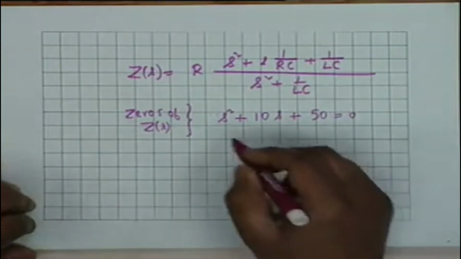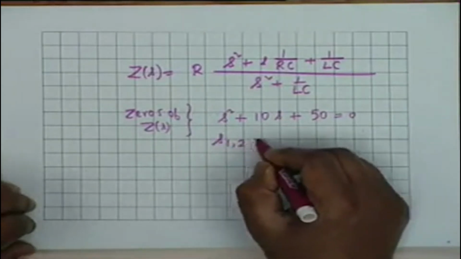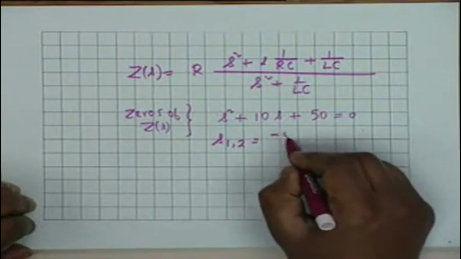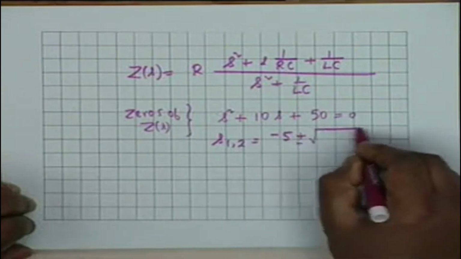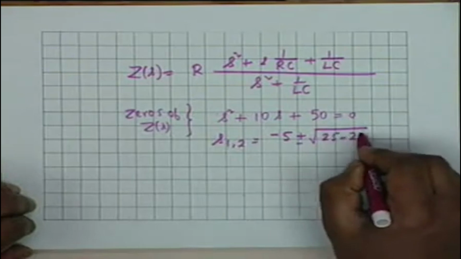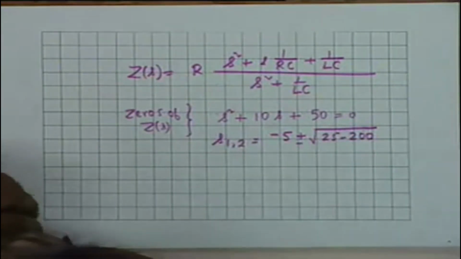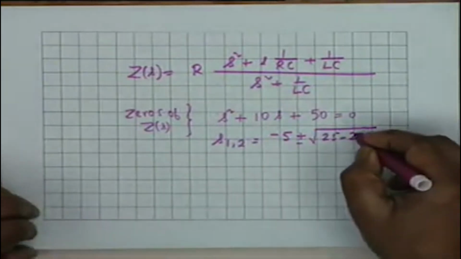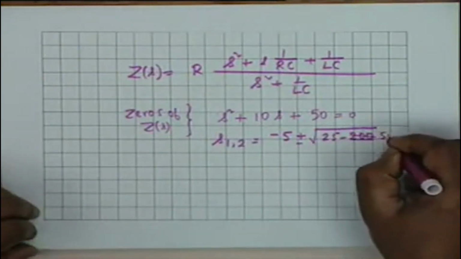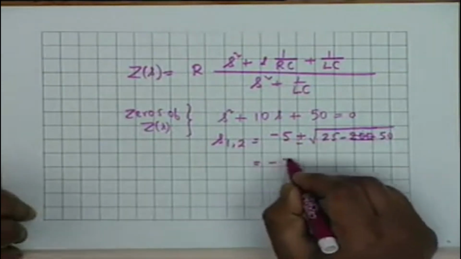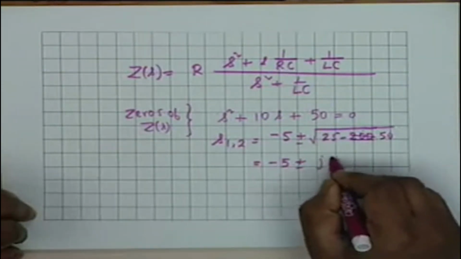These are the 2 zeros. If you look at them, S1,2 equals minus 5 plus minus the square root of 25 minus 50, I'm sorry, 25 minus 50. Is it okay? Yes. So this is equal to minus 5 plus minus j 5.